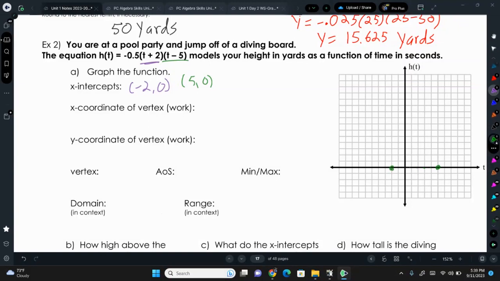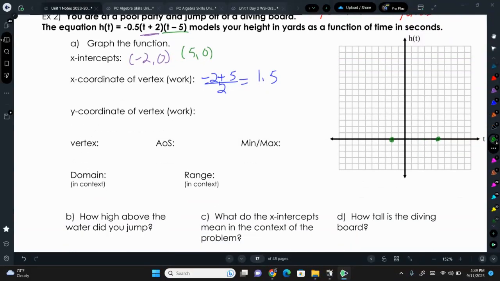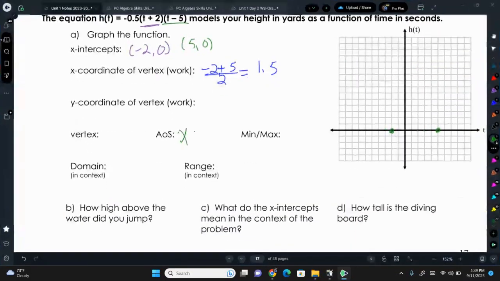So in this problem, we're jumping off a diving board, and our height goes in this function. This function tells us the path that we are jumping. So the x-coordinate of the vertex, -2 plus 5 divided by 2, that's going to be 1.5. And that's also our axis of symmetry.